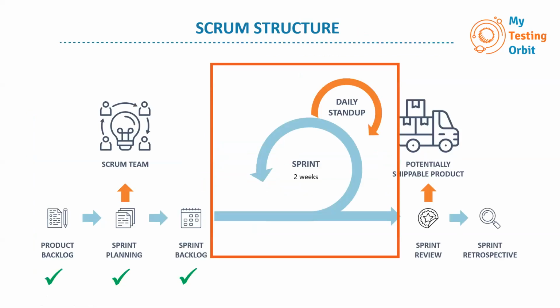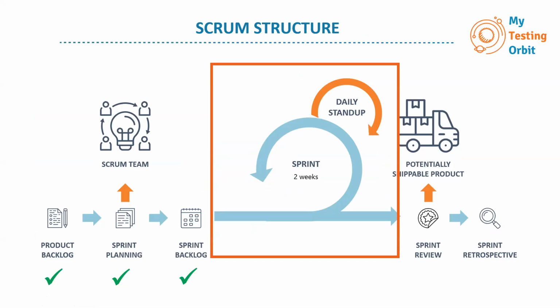Okay, so this is the Scrum structure we went through in our first session, to show how the entire Scrum works. So far we have done the product backlog.